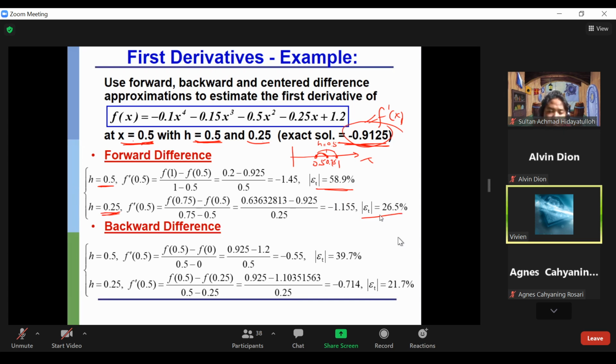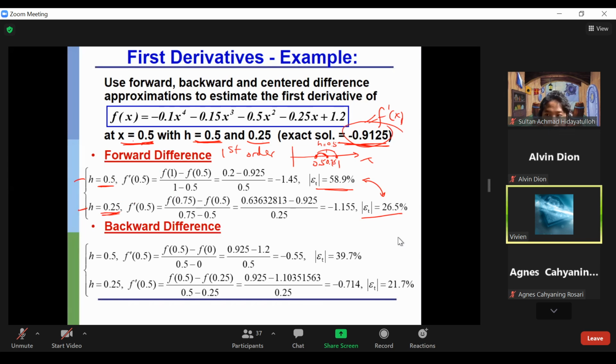So with the same forward difference scheme, which is a first order scheme, the same order of accuracy but a different interval size, the error drops from about 59% to 26% by halving the interval length.